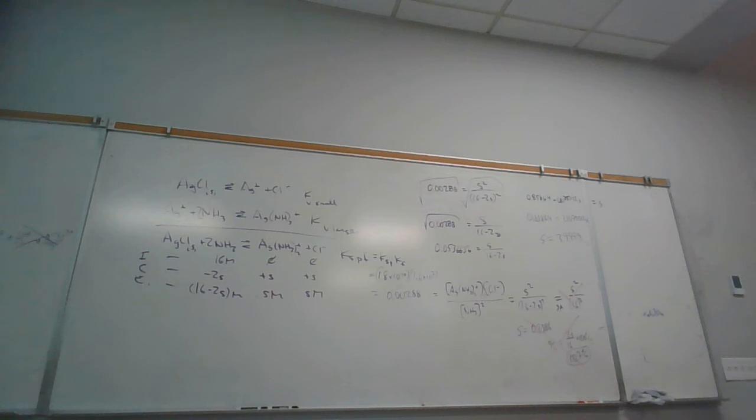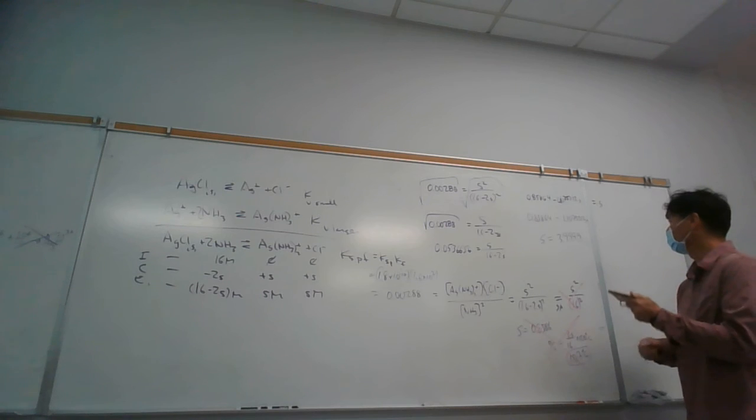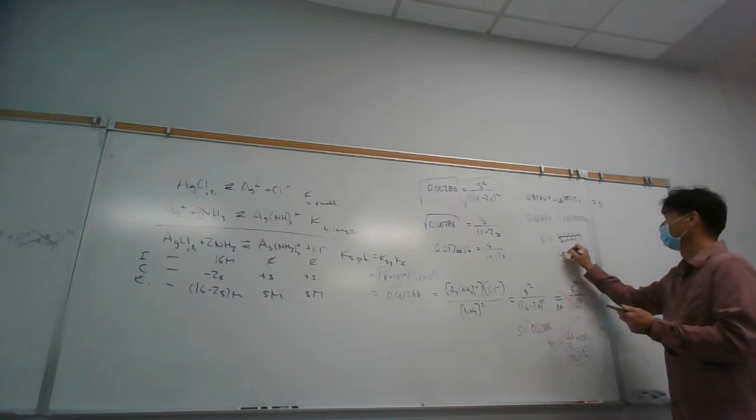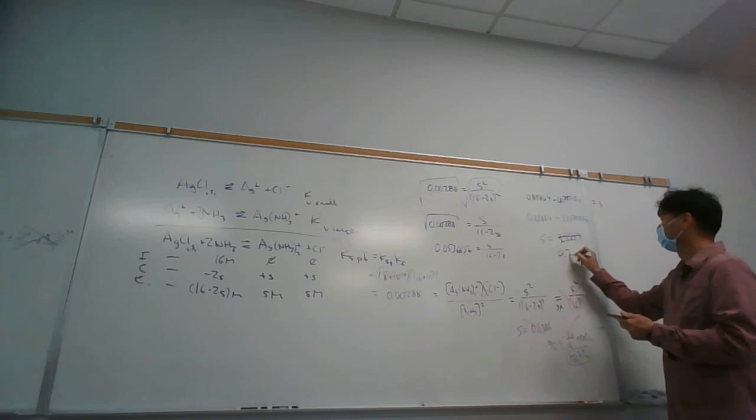Let me try it again. 0.85864 divided by 1.1073312. Oh yeah, I got it too. What did you get? 0.7754. Yeah.